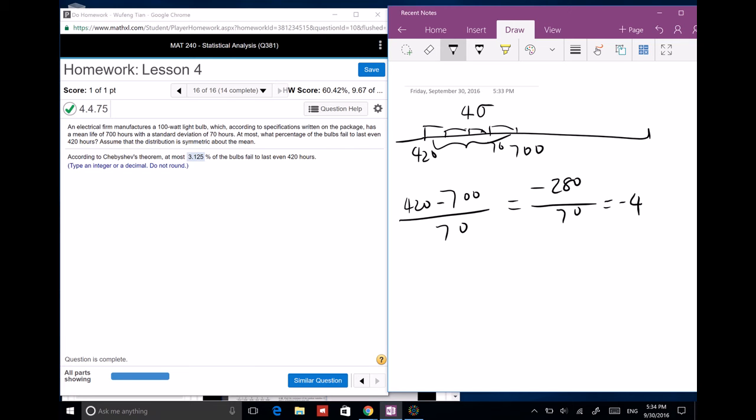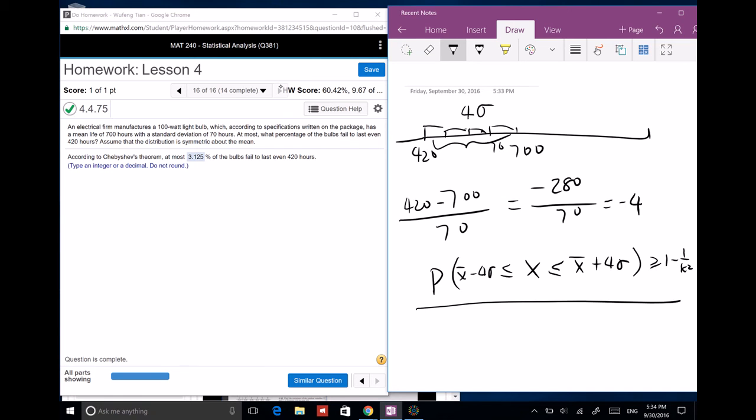The Chebyshev theorem is P of x bar minus 4 sigma less than or equal to x less than or equal to x bar plus 4 sigma, which is bigger than or equal to 1 minus 1 over k squared.